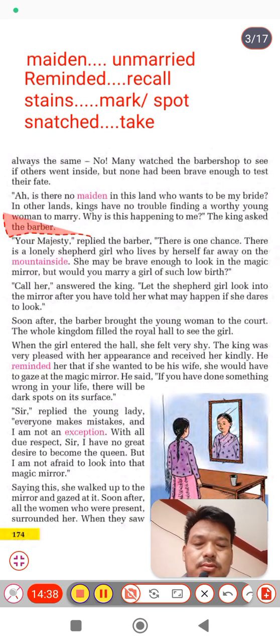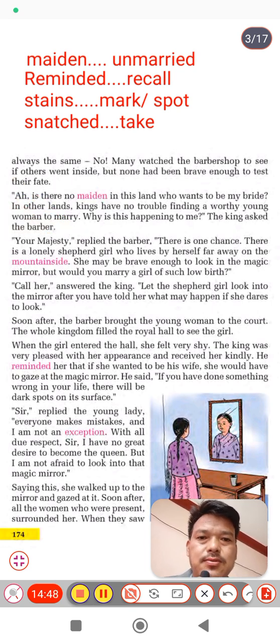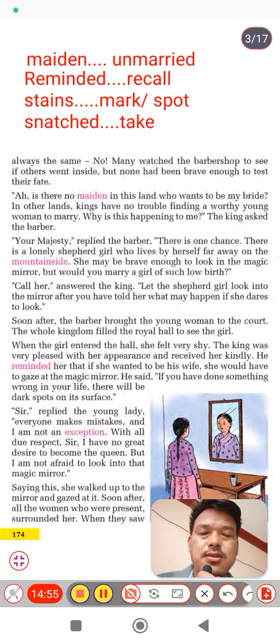The king was very upset and very anxious about his marriage, and he said to the barber, why is there no unmarried maiden in this land who wants to be my bride?